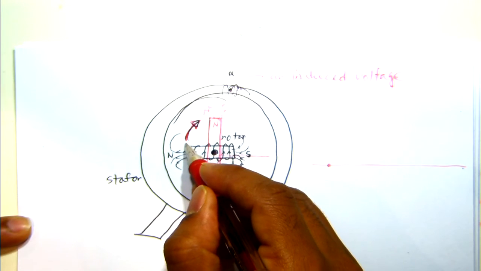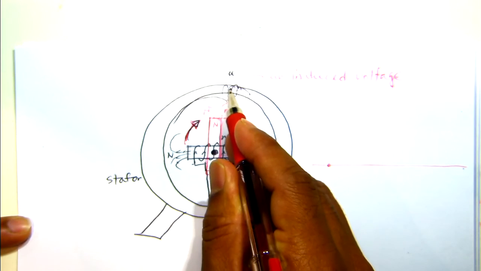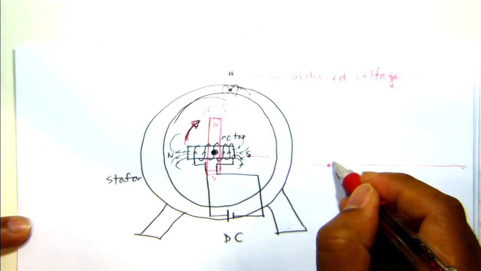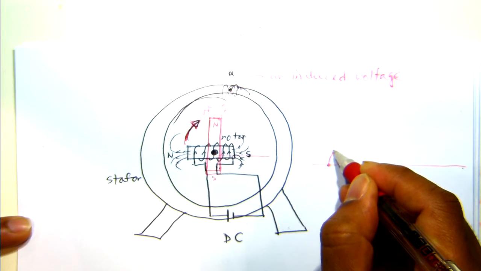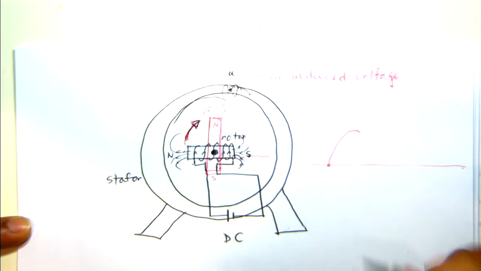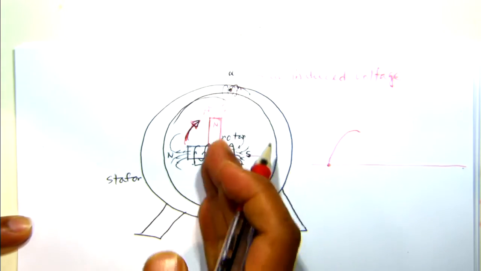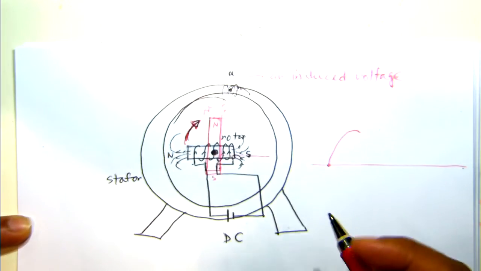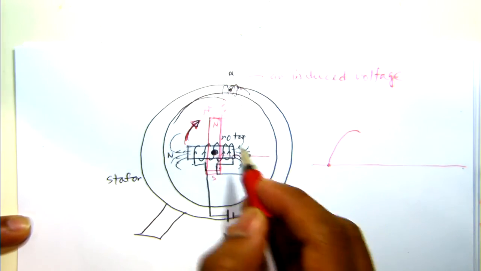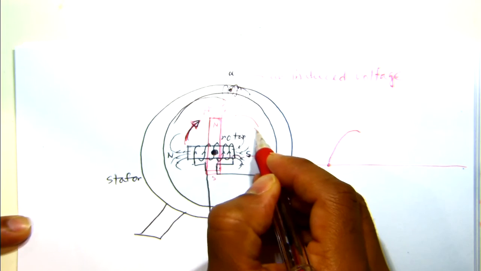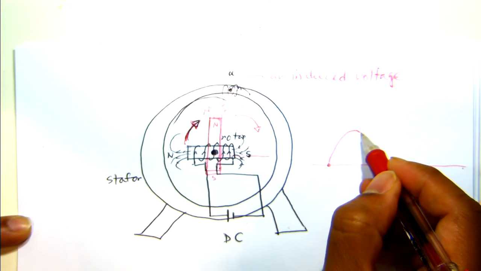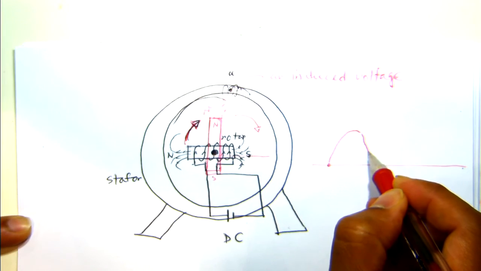As this rotor is moving towards the conductor, the flux or the induced voltage magnitude is increasing, and that will be maximum when that is facing towards the magnetic field. Then it keeps rotating and the magnetic flux intensity is decreasing.